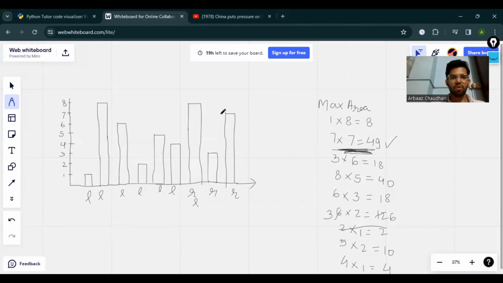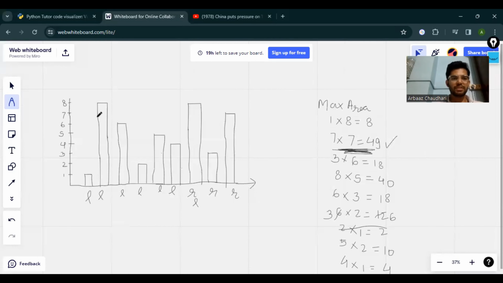Till this smaller height, the water will be filled. So here the height is 7 and the width is 1, 2, 3, 4, 5, 6, 7. 7 multiplied by 7 becomes 49. So the maximum area so far is 49.